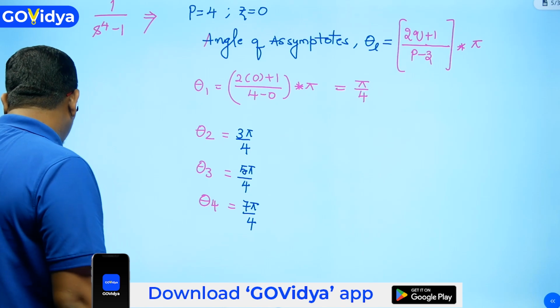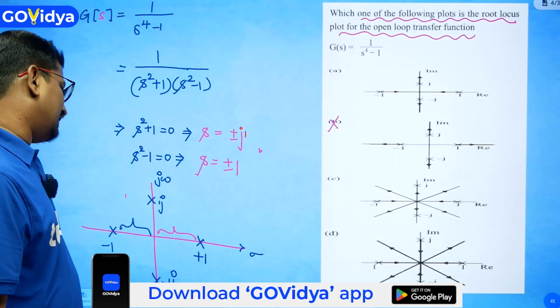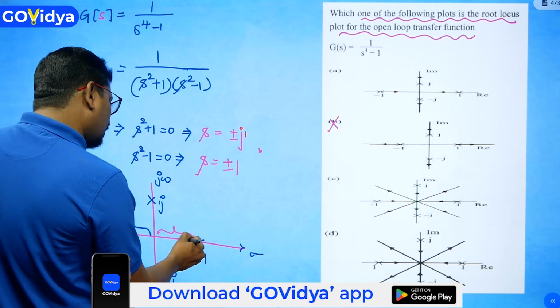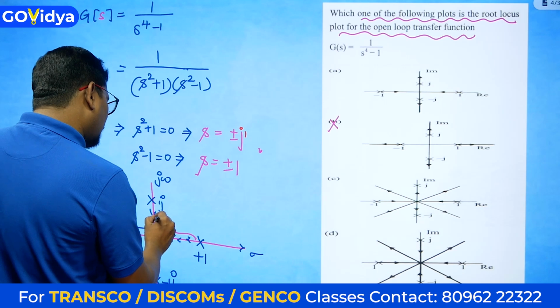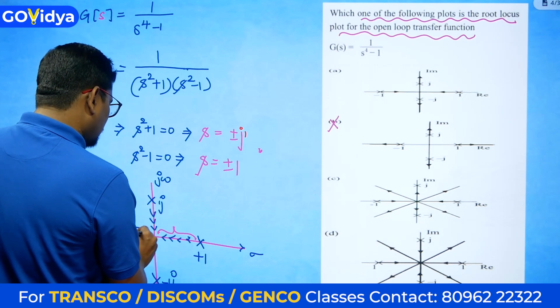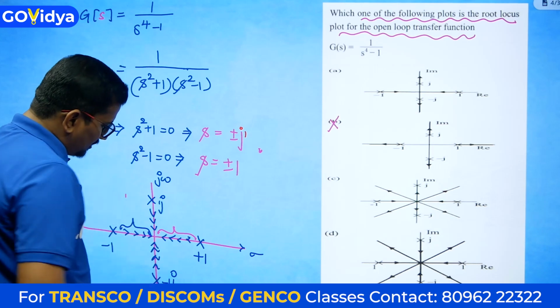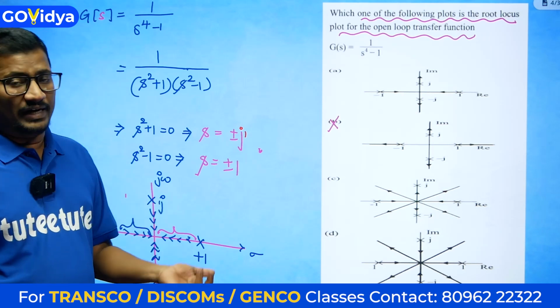Now go back to our actual question. From this we can say, yes, within this root locus region only, my poles will try to move like this. But they are going to find their zeros at infinity.